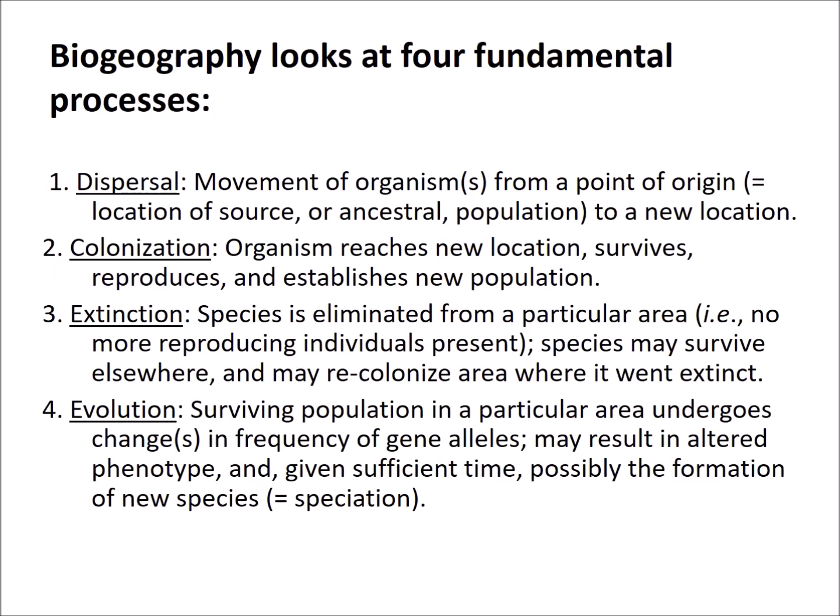So to give a quick recap of what we covered before the strike, biogeography looks at 4 fundamental processes: dispersal, colonization, extinction, and evolution. And we covered each one of these in the first half of the course. So dispersal, the movement of organisms from a point of origin to a new location.